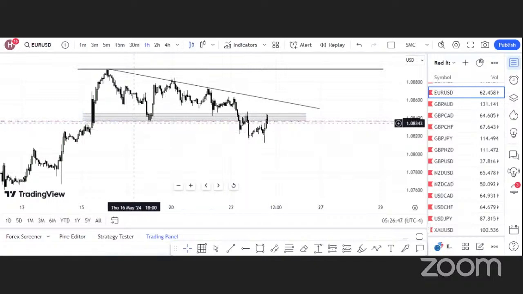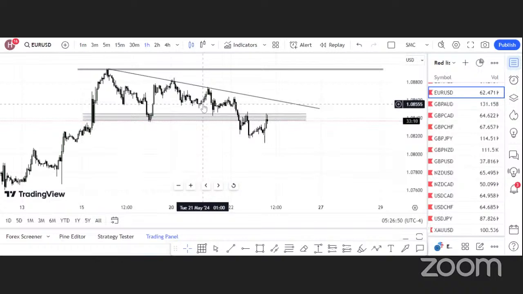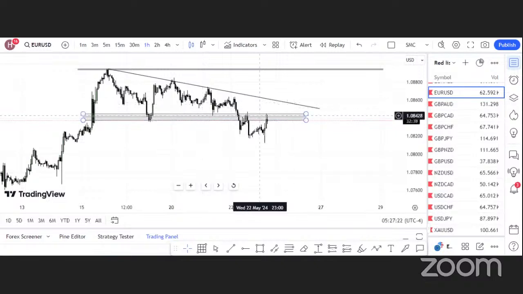So in this case right now, the market had broken our support level. What we're expecting now is, we know that the selling pressure is higher than the buying pressure, but we still need to be careful with the market. We want to get a perfect zone to sell from. We know that the market is going to sell because it was able to push the level where we have a lot of buyers, and break it to the downside.